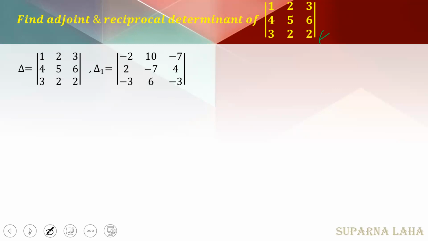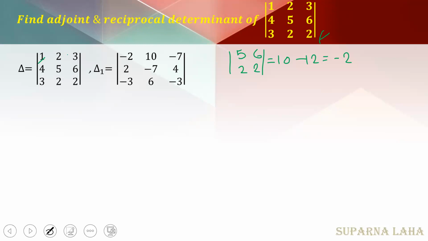Now what do you mean by this adjoint? That means its cofactors for each and every element. So the cofactor for 1 is 5 6 2 2. Now if we find this value, 5 2s are 10 minus 6 2s are 12, that is minus 2.